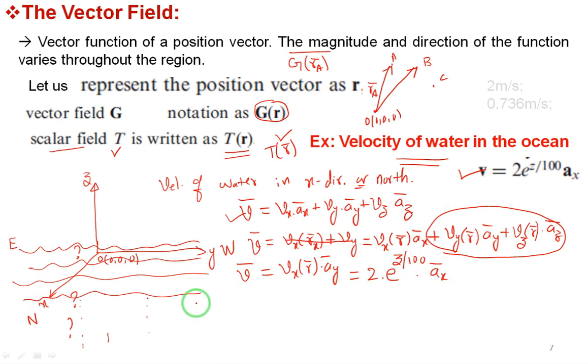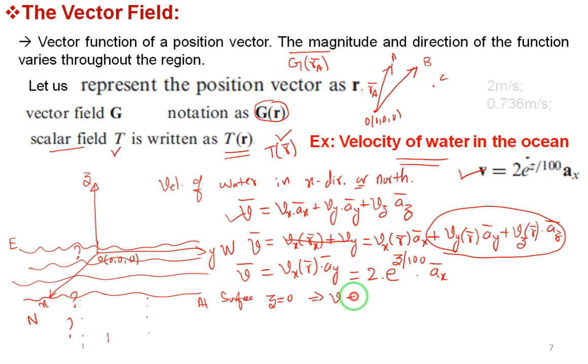Then I want to find out the velocity at the surface of the water. What is the value of z at the surface? At the surface the value of z is 0, here at the origin, because I have assumed the xy plane on the surface of the water and z is perpendicular to the surface of the water. At z equal to 0, substitute z equal to 0 in the above equation.